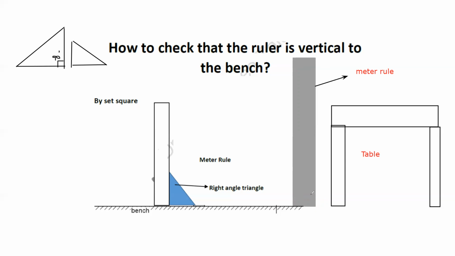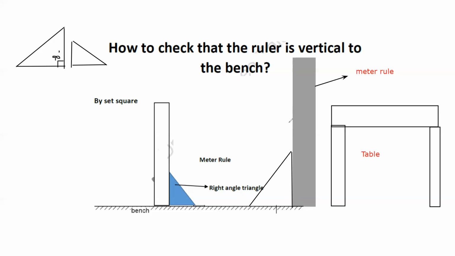If I want to make sure that this ruler or scale is exactly vertical, what I do is place a set square. If the set square is placed correctly next to this, it means the ruler is exactly vertical.